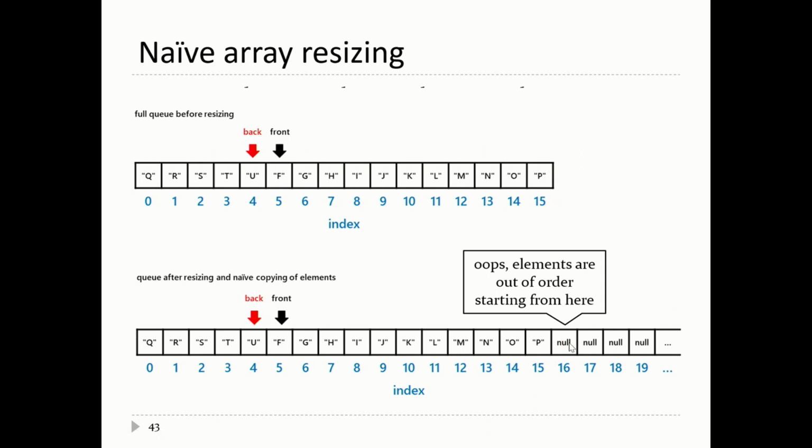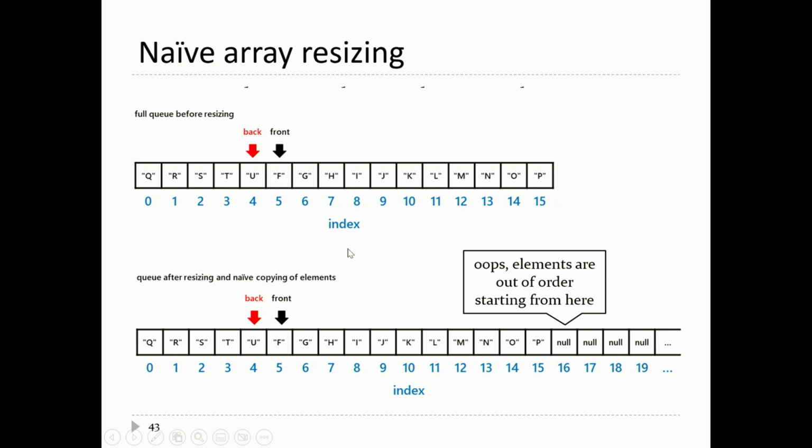The back of the queue is actually over here, but back is pointing to the U here. If you make back point here, you have a second problem. Front is pointing at the correct front of the queue, but when it hits the P, it's not going to wrap around anymore, so you're going to lose the Q, R, S, T, and the U. So copying the array this way doesn't work.